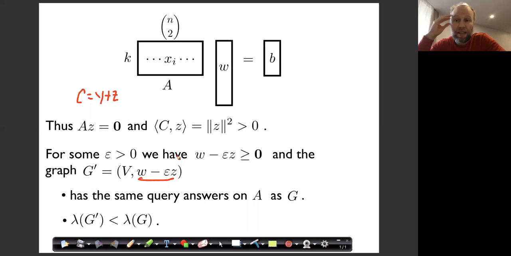So that means that if you make fewer than K queries, then you don't have a certificate, right? Because I can find this other graph G' that has the same answers to all the queries, but a different min cut value.